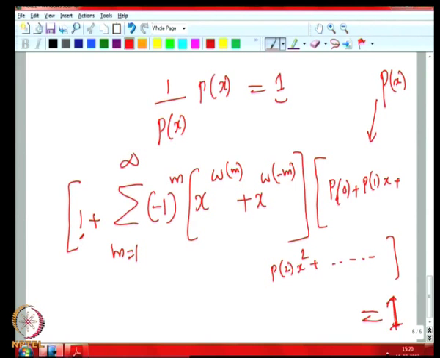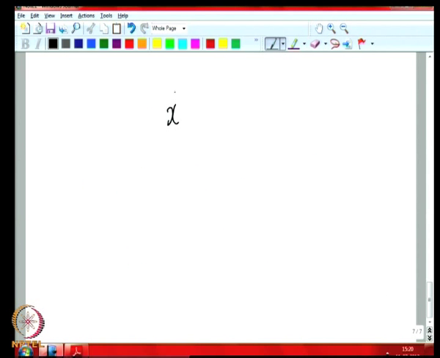So, because there are two types of terms for each m, we have x raised to omega of m. If you want to make an x raised to n, then we have to select from the other part, I mean from this p of x, the x raised to n minus omega. So, corresponding to each x raised to omega of m, when we select it from the first part of the product, from the other part we will have to take x raised to n minus omega of m.